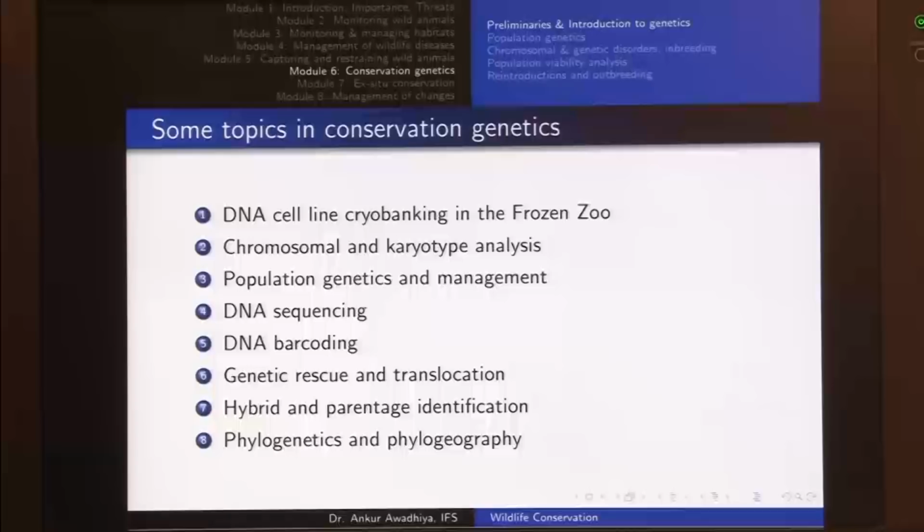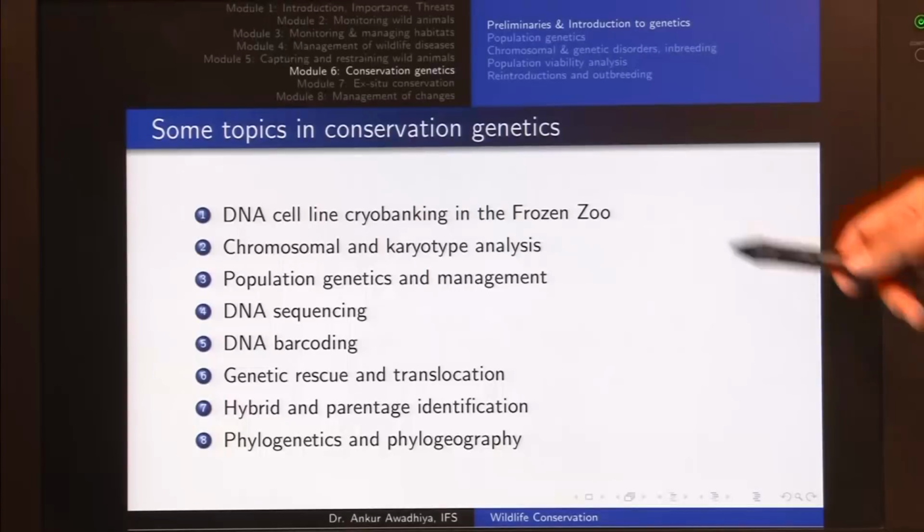Such analysis and even parentage identification can also be done, and parentage identification becomes important in the case of small populations, in which case you want to prevent inbreeding as much as possible. This is something that we will also discuss in the population viability analysis.